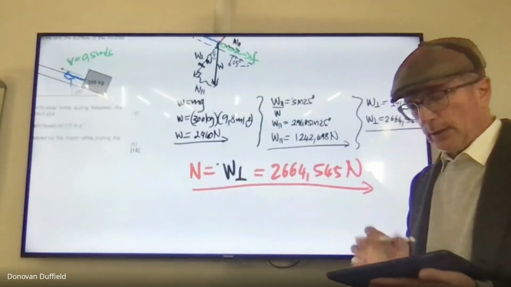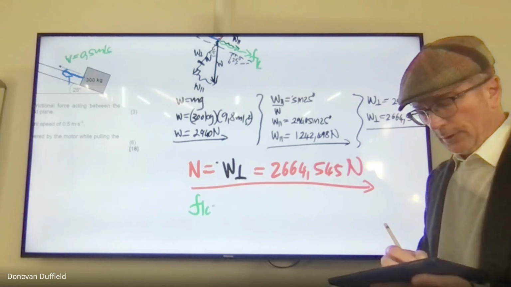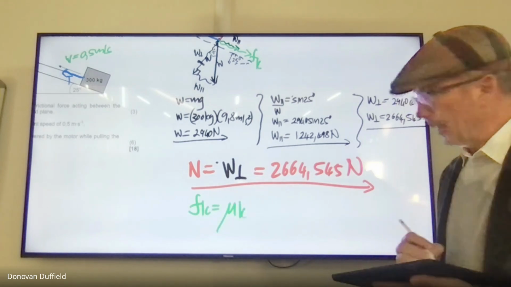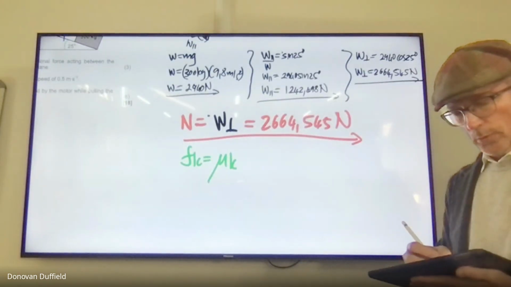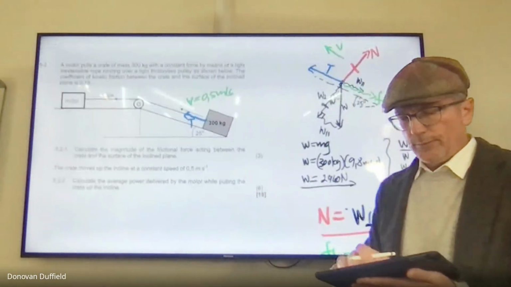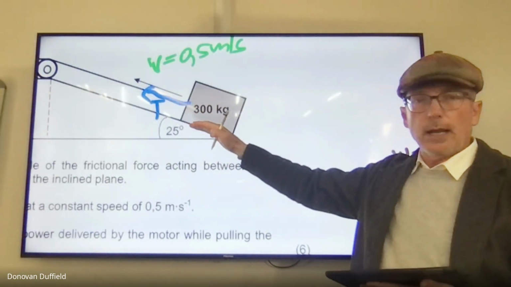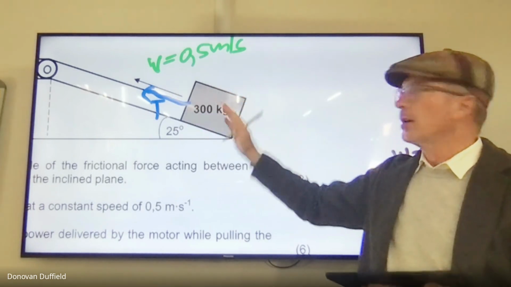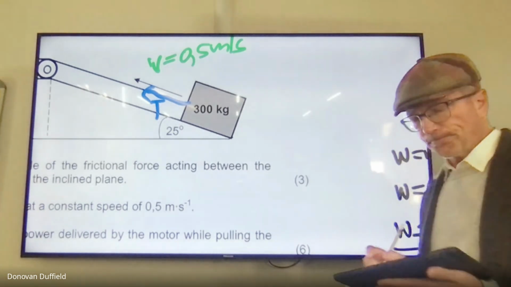So it's kinetic friction: mu k, the coefficient of kinetic friction, times the normal reaction, which indicates how much the plane needs to push on the block to support it perpendicular to the plane.